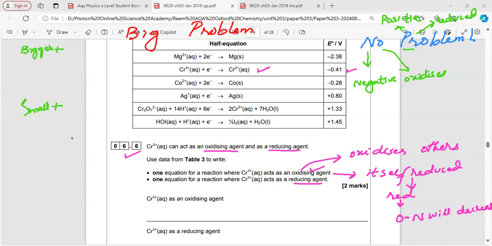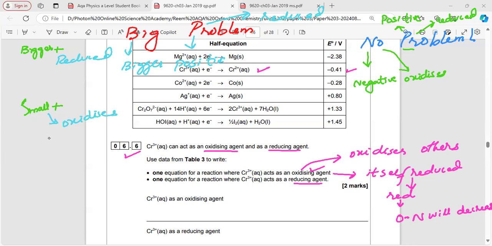Then there is a "big problem". B represents bigger, P represents positive, R represents reduced. So the bigger positive value is reduced, and the smaller positive value oxidizes. These are the tricks, guys.